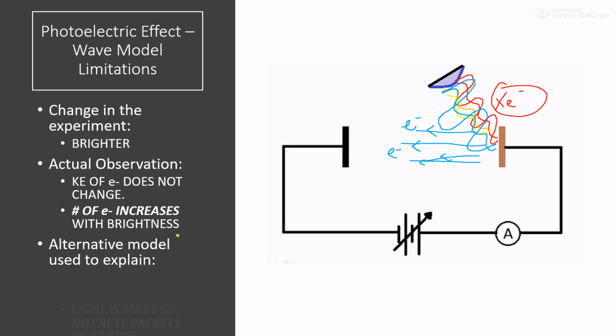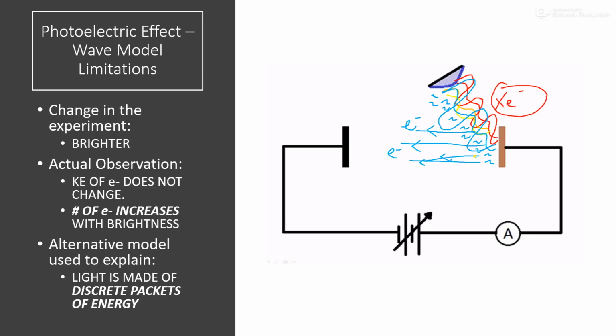So what does this mean? It means that maybe, just maybe, when I'm increasing the brightness of that light, I'm actually creating more and more of these small wave-like particles, so to speak, which are hitting this plate over here.